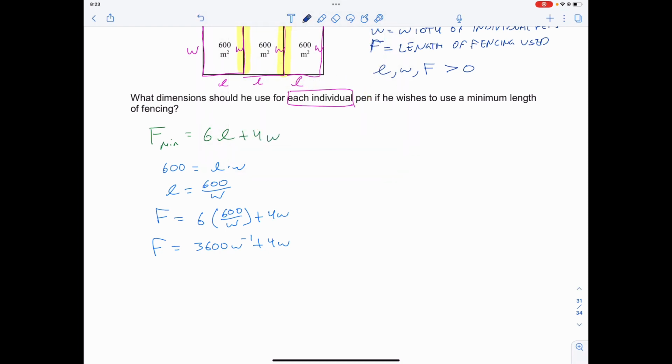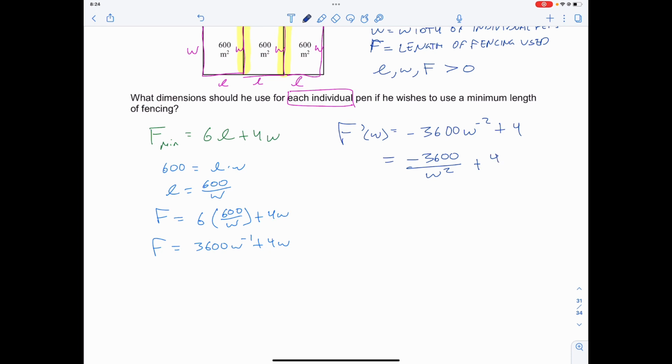When I derive this, F prime of W is going to equal negative 3,600 W to the negative 2 plus 4. Or I'm going to have negative 3,600 over W squared plus 4.